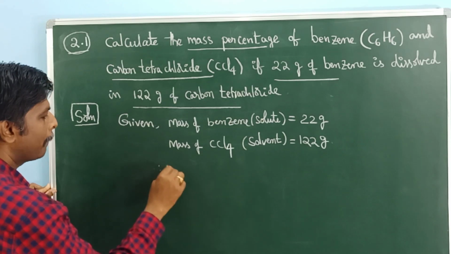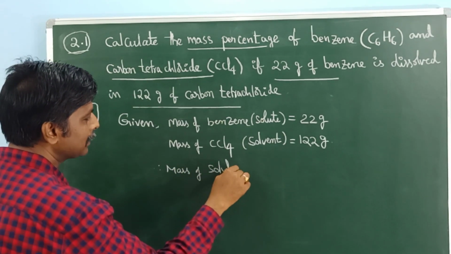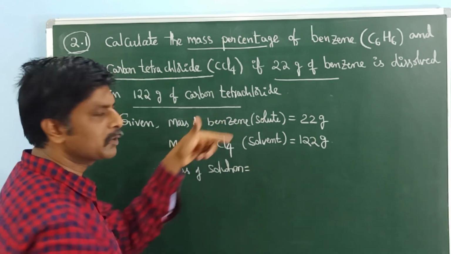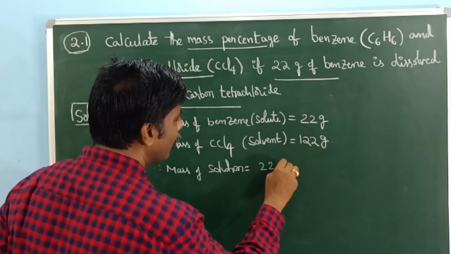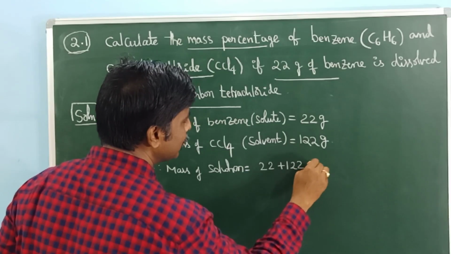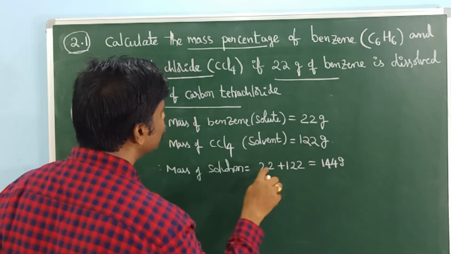Therefore, mass of solution is equal to mass of solute plus mass of solvent: 22 grams plus 122 grams, that is equal to 144 grams. This is the mass of solution.